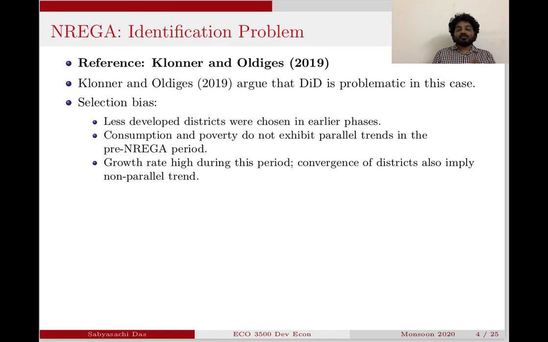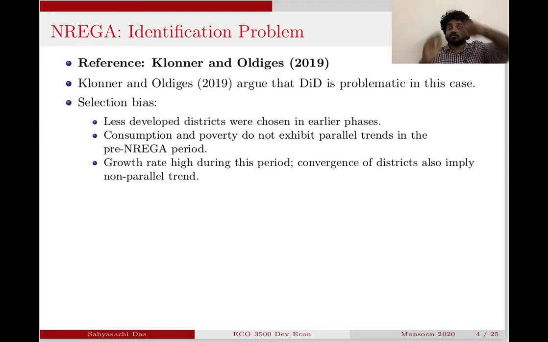Okay, so the author's point is that there is no parallel trend here. Already the gap between treatment and control in terms of consumption or poverty is reducing. So if we don't take that into account, then after the treatment, if you find a narrower gap, it could be because the gap was already reducing.